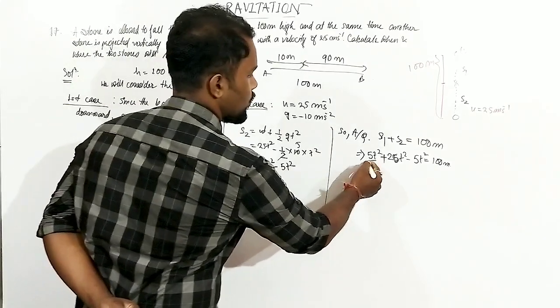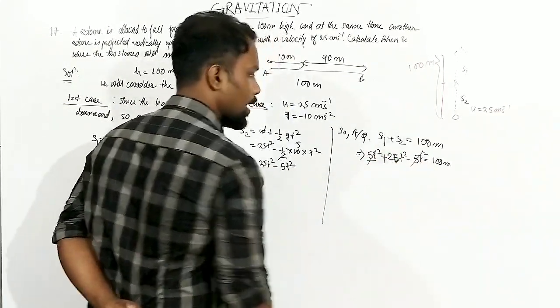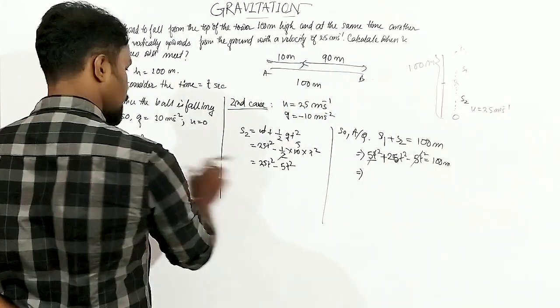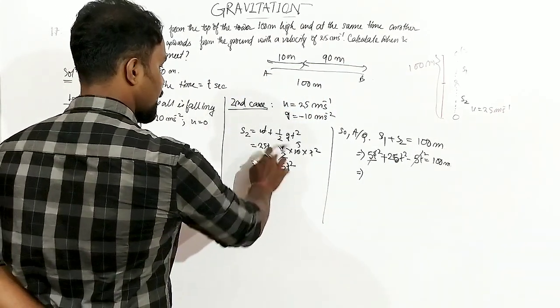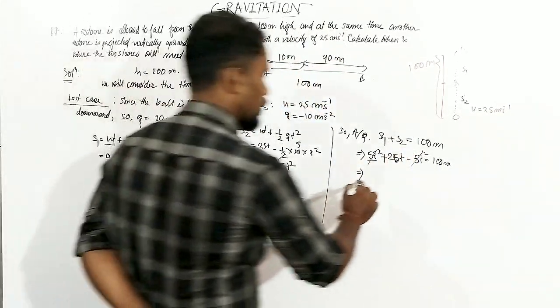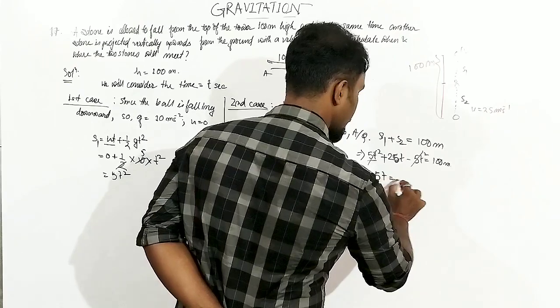Now it is 5t square minus 5t square, so they are going to cancel out, right? So not 25t square, it should be 25t. This shouldn't be 25t square, this should be 25t. So 25t equal to 100 meter.